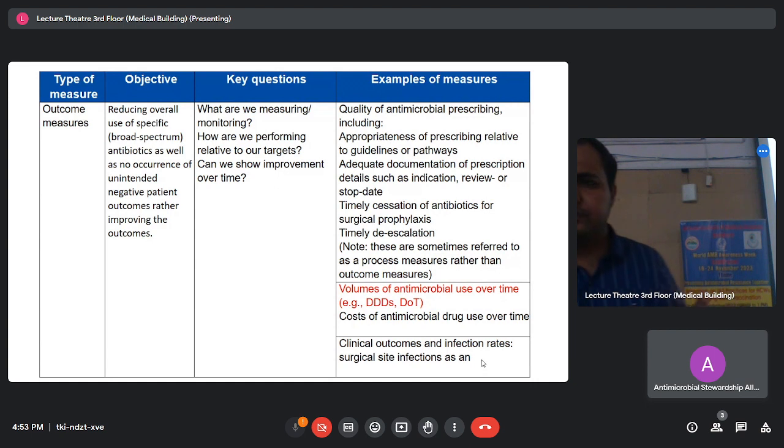Just as with process indicators, for outcome measures also there is a long list, but the most important measures that we use are defined daily dose and days of therapy. These are the two indicators that we use as the measurement of the outcome of the patient.